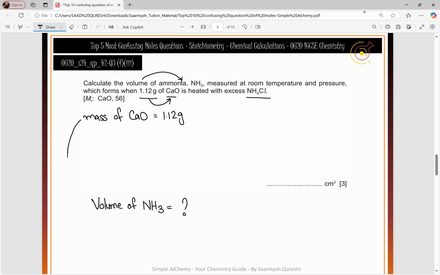To convert the mass of one substance to the volume of the other substance, we will do 3 steps. In the first step, we will convert the mass of calcium oxide into the moles of calcium oxide. From the moles of calcium oxide, in step number 2, we'll find the moles of ammonia.